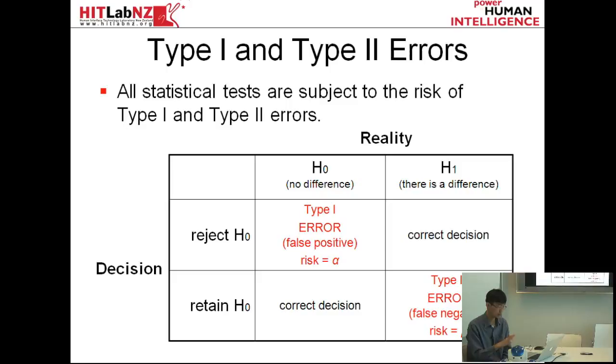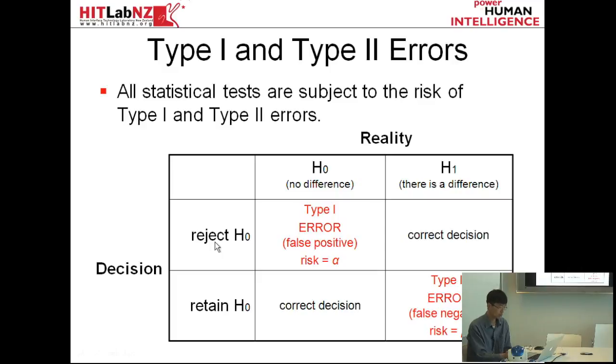And we talked about these type 1 and type 2 errors when we were talking about hypotheses. So we talked about null and alternative hypotheses, saying it's easier to disprove something rather than prove something based on empirical studies.